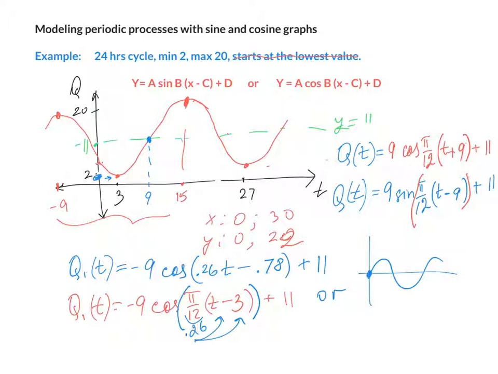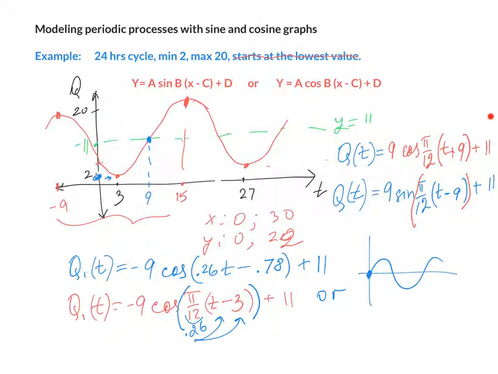And one last quick comment. Sometimes you're asked to read the minimum and or maximum value of the process from the equation. Suppose you didn't see this equation. Just looking at the graph, how can you say the highest and the lowest?